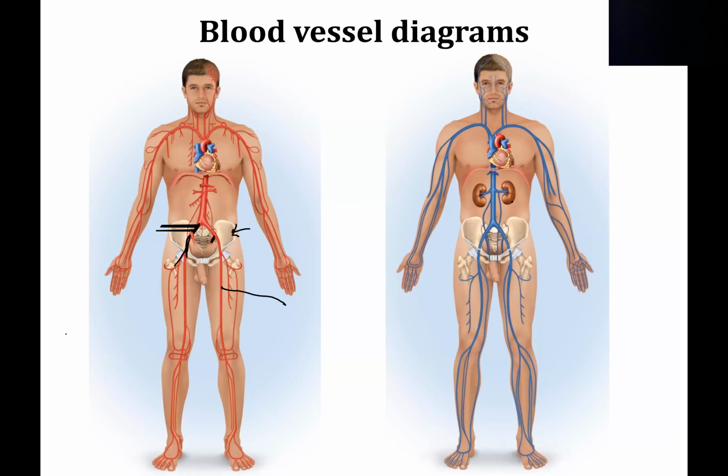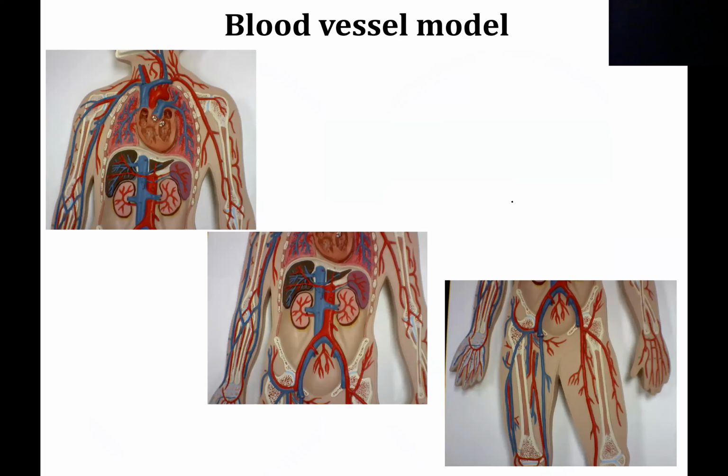All right, so here on the blood vessel model, you can see the ascending aorta and the aortic arch. Behind this would be that brachiocephalic trunk. This would be the right common carotid artery.